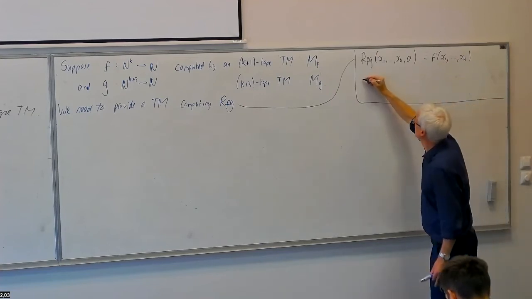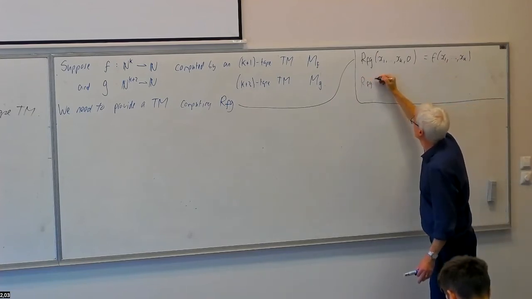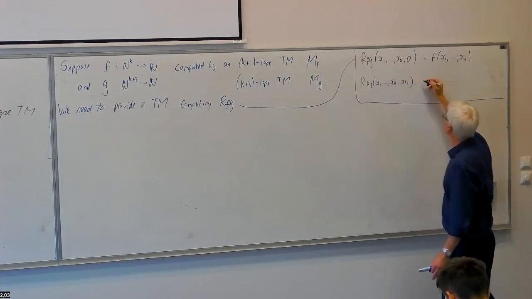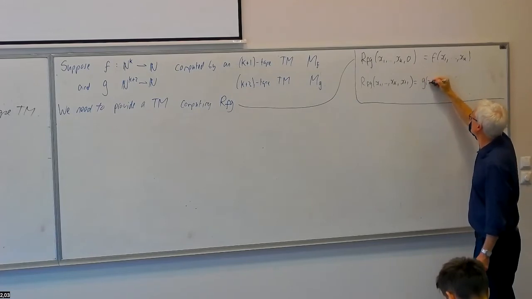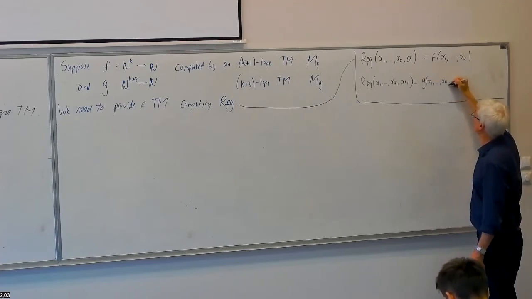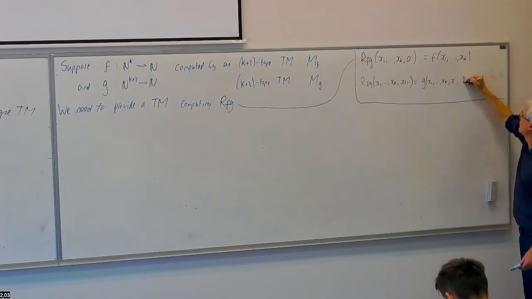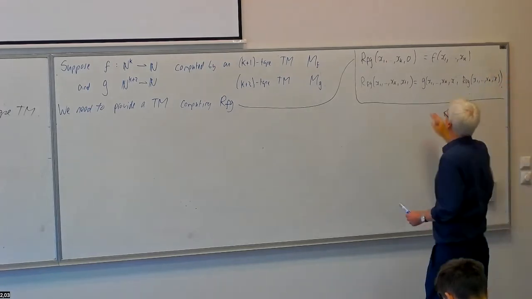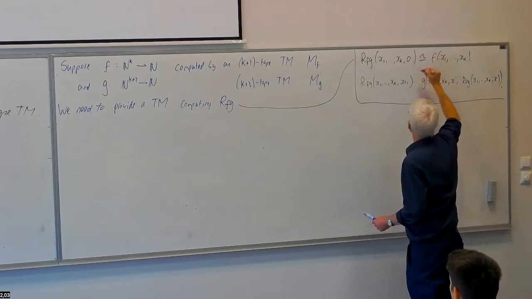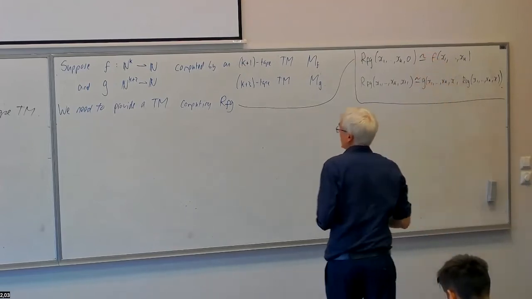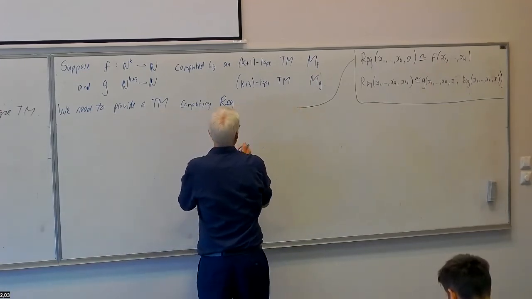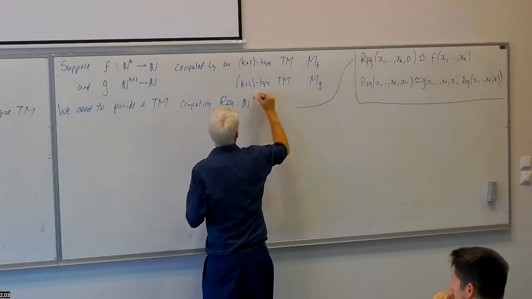And on x plus 1, it's g applied to the other arguments, to x, and to the recursive call R(f, g) of x1 through to xk, x. And just put the arity here to make it explicit. So this is the k plus 1 argument function.